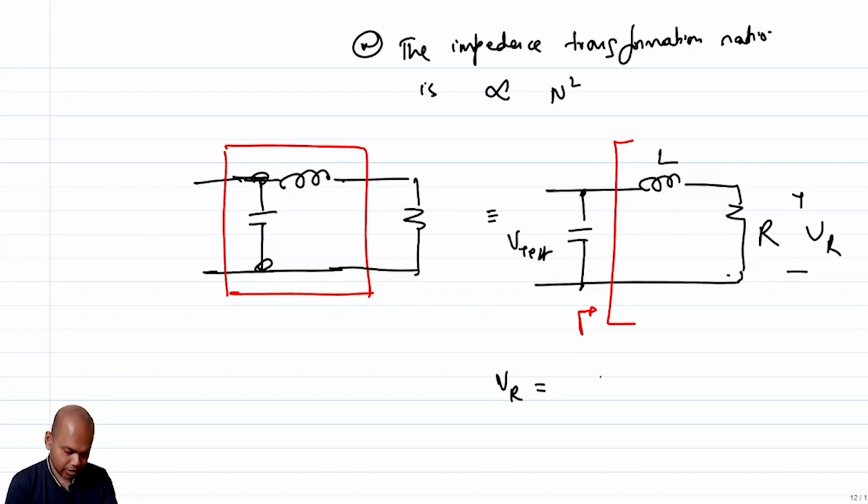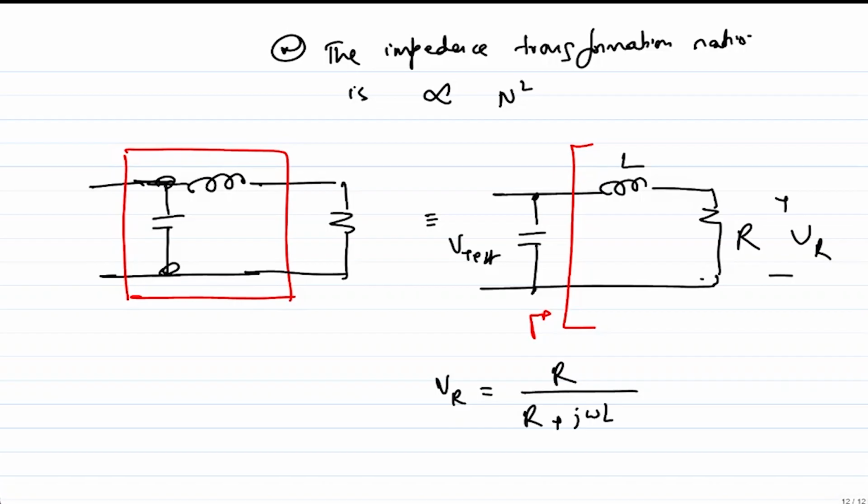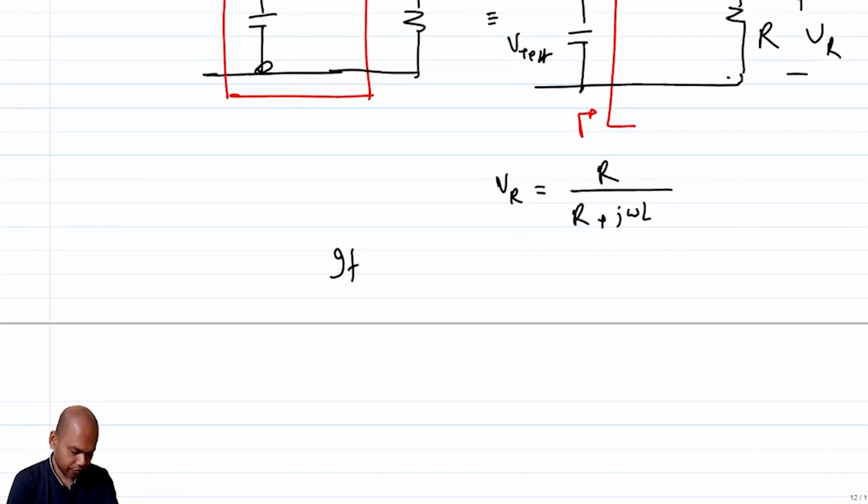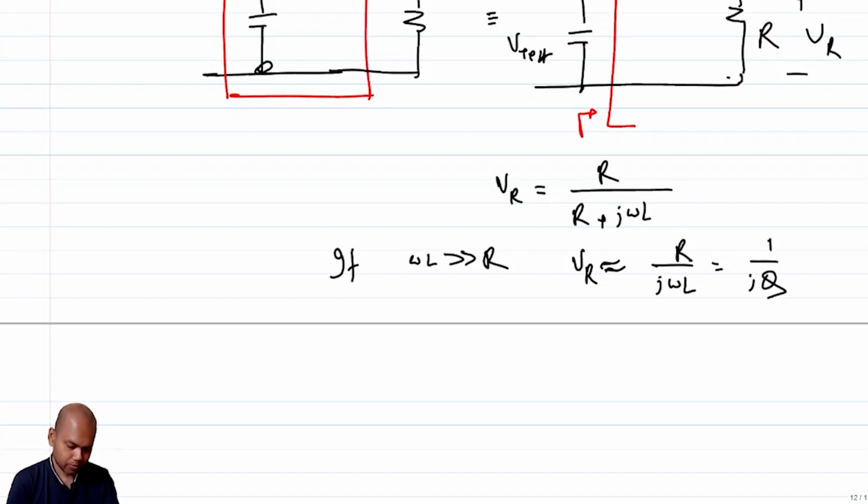VR is basically R by R plus j omega L. If we are operating at a frequency where omega L is much greater than R, then I can say that VR is approximately R by j omega L, or basically 1 by jQ.